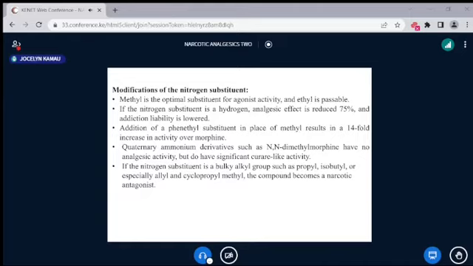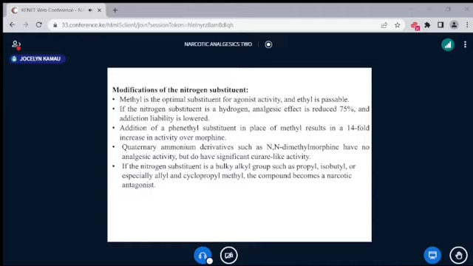The nitrogen substituent is a bulky alkyl group such as propyl, isobutyl, or especially aryl. Remember we did say bulky alkyl groups, and also cyclic or cycloalkyl groups, isobutyl or especially aryl, and cyclopropylmethyl groups; the compound becomes a narcotic antagonist.